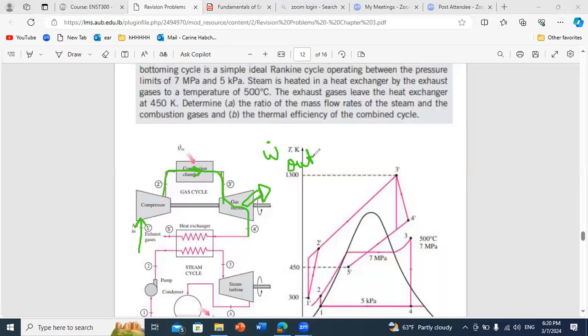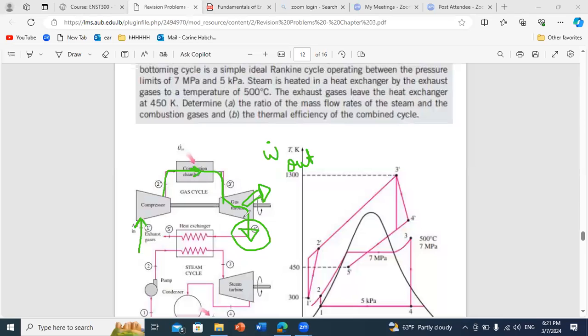Okay, now the idea is the following. For gas cycles, the exhaust temperature is very high. You have high temperature, high pressure at your exhaust. If you don't use this energy, you will have a very low efficiency, because these gases will be wasted and you cannot recuperate this energy.